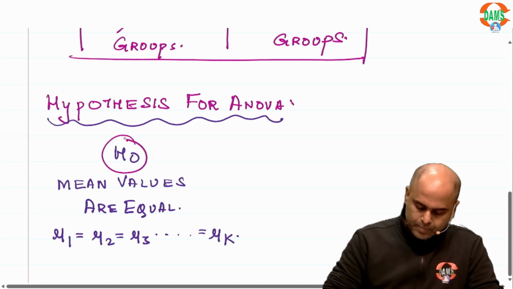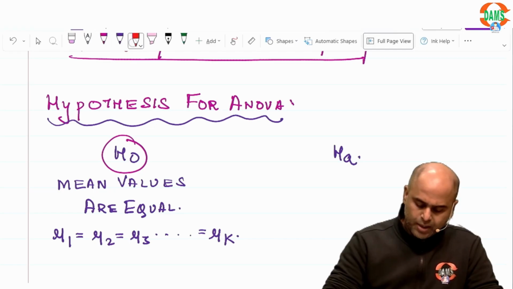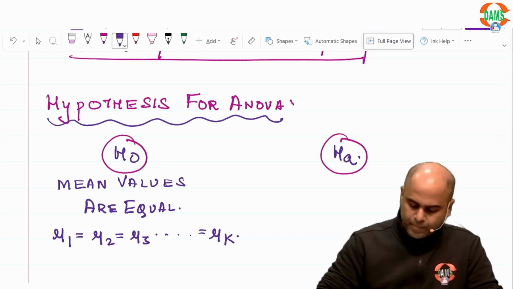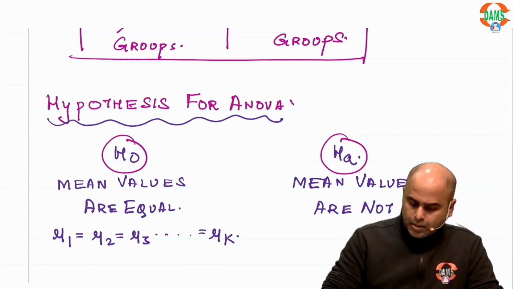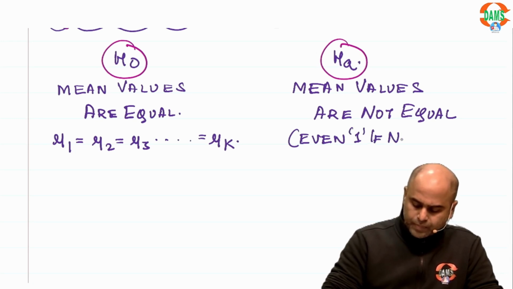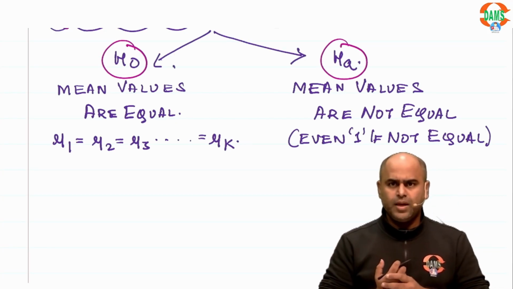What will be my alternate hypothesis? My alternate hypothesis will be that the mean values are not equal. Even if just one is not equal, it will become the alternate hypothesis. No problem in this.